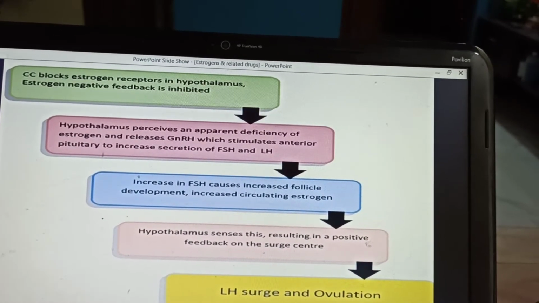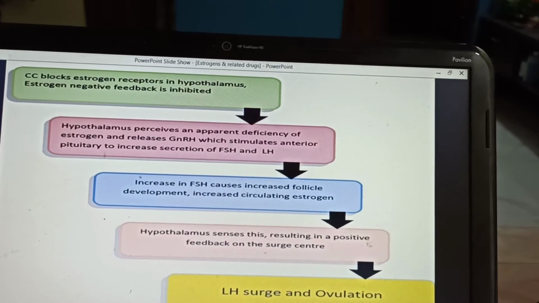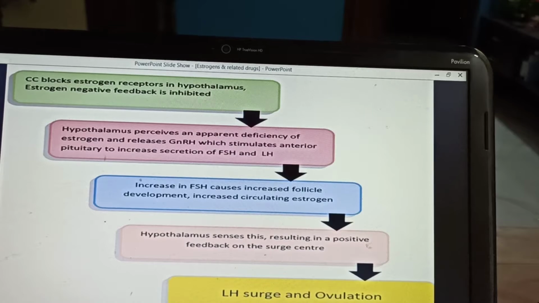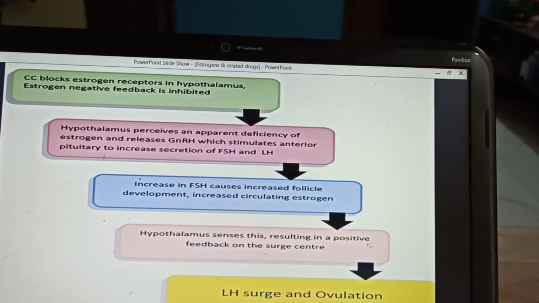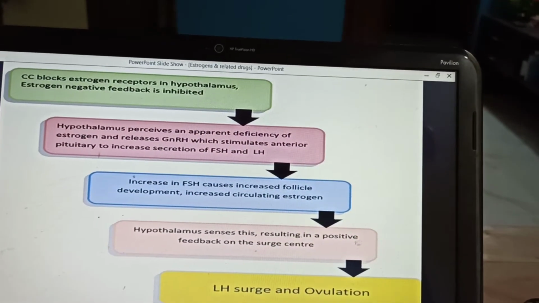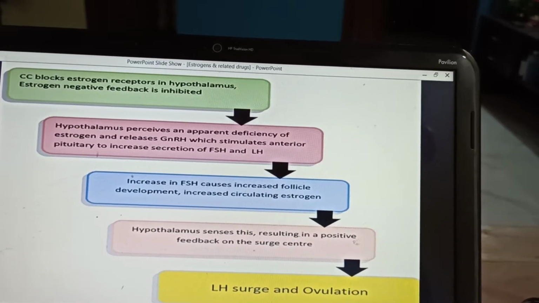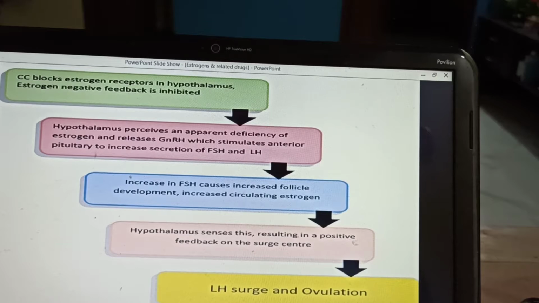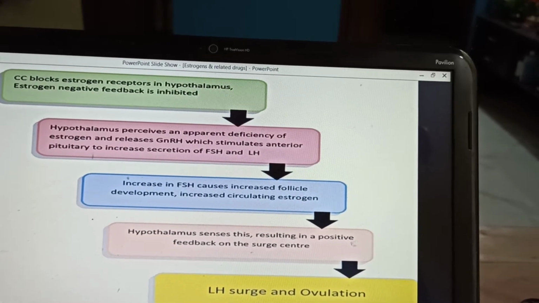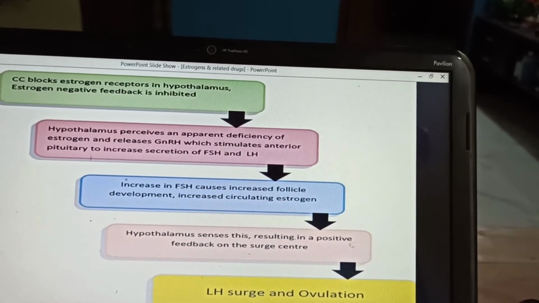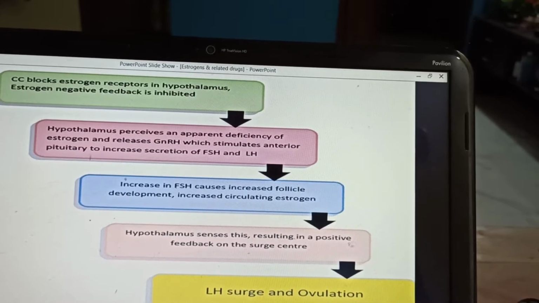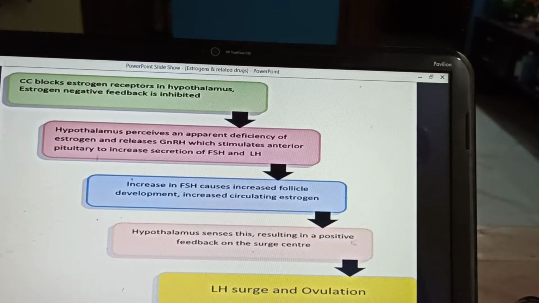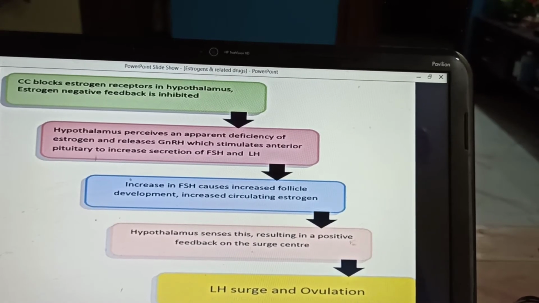So estrogen is required for the LH surge, and this occurs because the hypothalamus senses that estrogen is there and results in a positive feedback mechanism on the LH surge, and so there will be an LH surge and ovulation. So in this way clomiphene citrate acts by causing an increase in the FSH and LH surge, which indirectly causes an increase in the circulating estrogen, and then there will be an LH surge and ovulation.